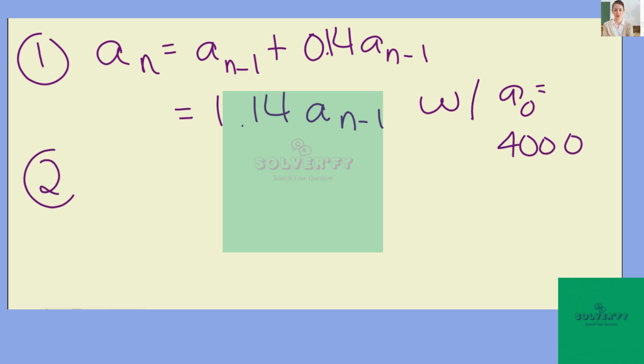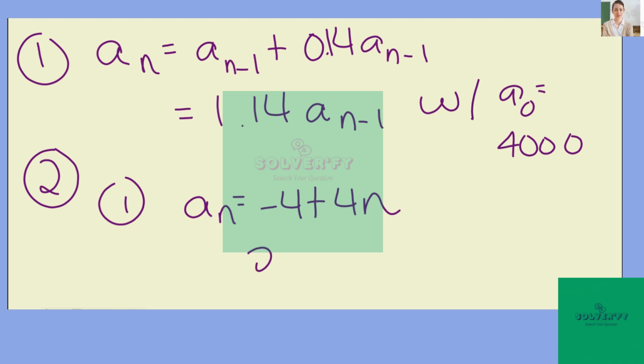For question 2, for each list of integers, we want to provide a simple formula to generate our sequence and then determine our next three terms. So for our first one, our rule is going to be that a of n is equal to negative 4 plus 4n, and our next three terms would be 24, 28, and 32.